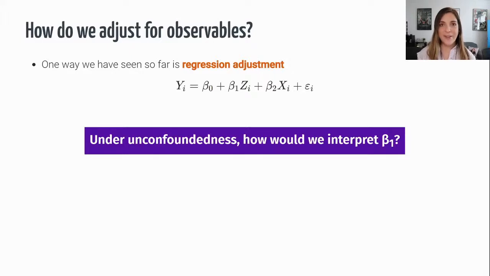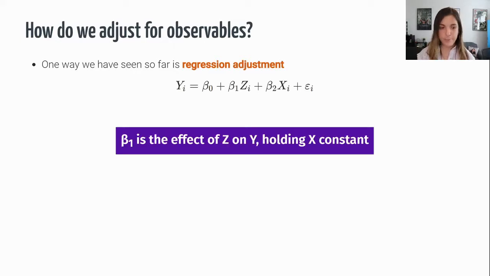So I already mentioned this: under unconfoundedness, we would interpret beta 1 as the effect of the treatment C on the outcome Y. But again, this is only under unconfoundedness, thinking that that vector x of characteristics is all I need in order to break the link between any confounding variable and the treatment. And beta 1 again is the effect of the treatment C on Y, holding the characteristics x constant.